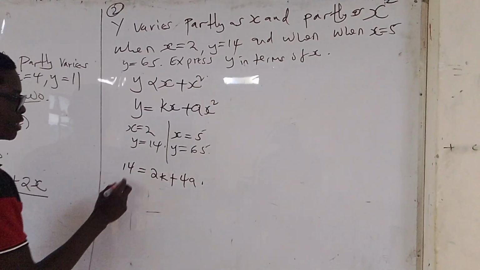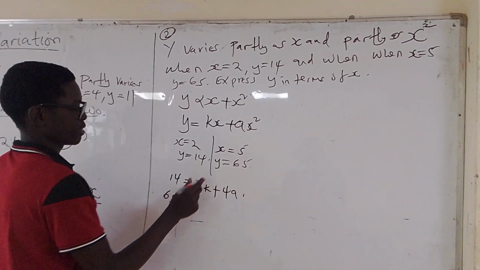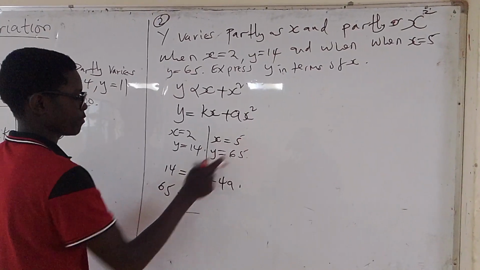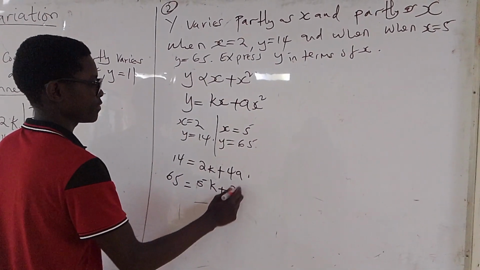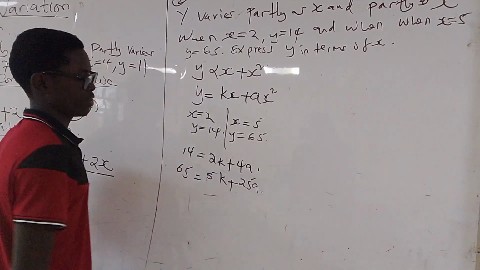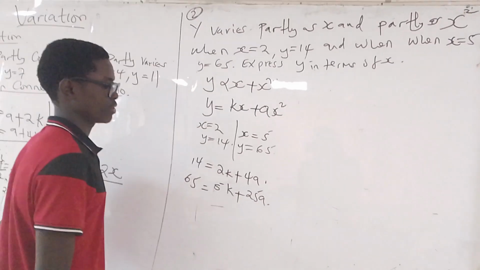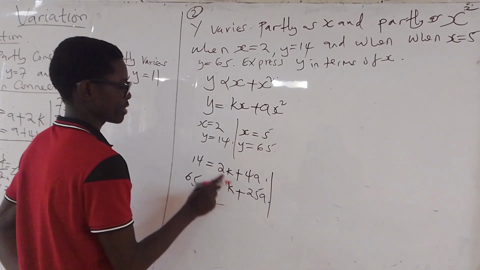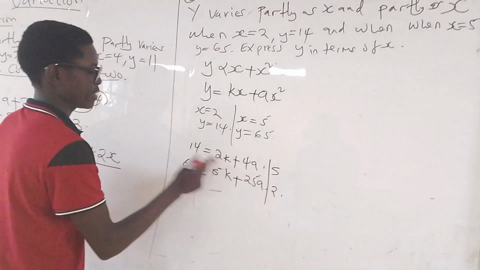Then the second equation, 65 is equal to 5k plus 25a. These are the two equations. So we need to use the elimination method to solve them. We need to eliminate this one. So multiply by 5 and by 2. That is 5 times 14.